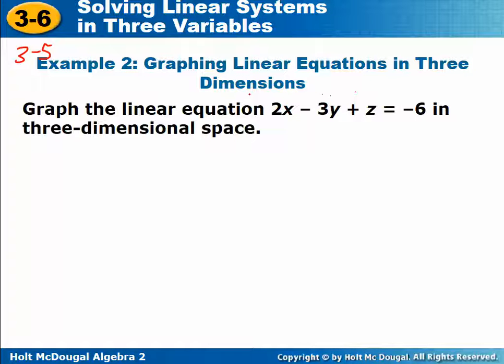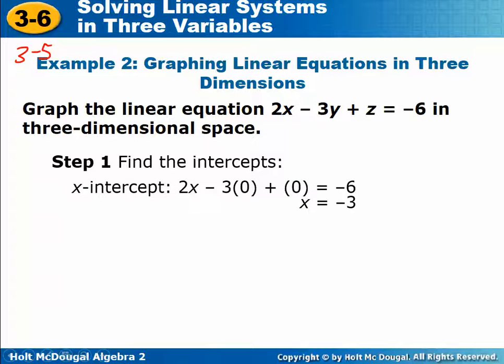If you were to graph this 3-dimensional equation with an x, a y, and a z, the easiest way to do that is to find the intercepts. The x-intercept is when the y and the z are both 0. So we can find the x-intercept by letting y and z be 0, and then we would get this.